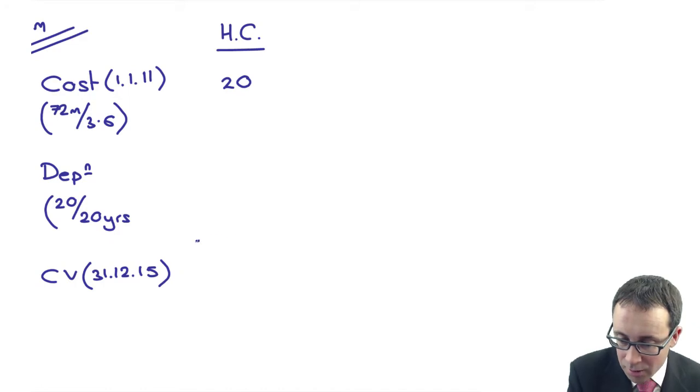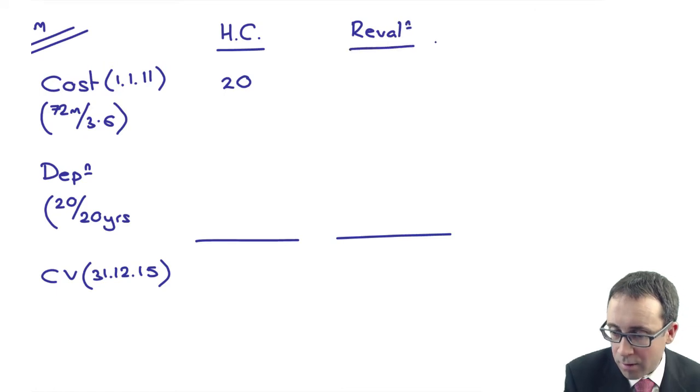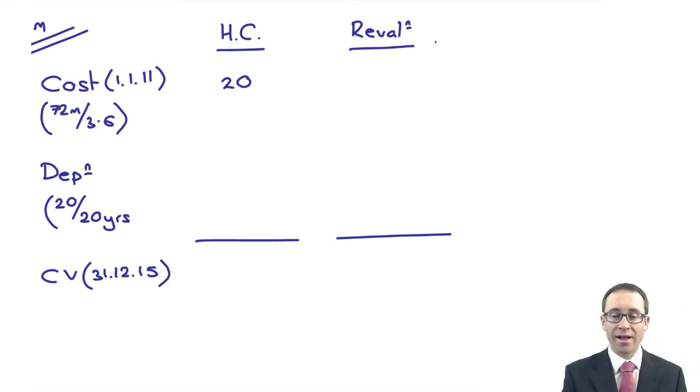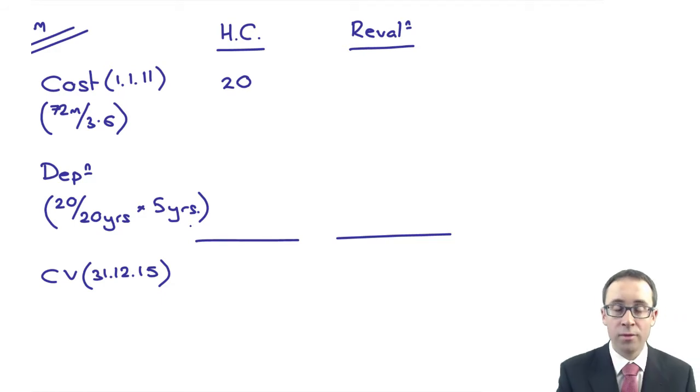Because then what we can do is we can then revalue that asset up to its fair value. Okay, so how many years? All of 11, 12, 13, 14, 15. Okay, so there are 5 years worth of depreciation.